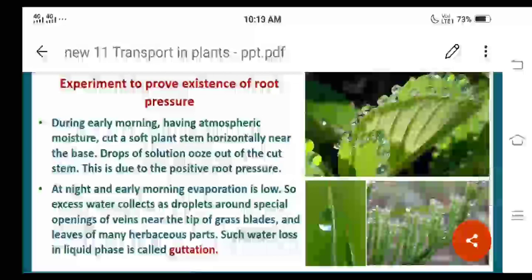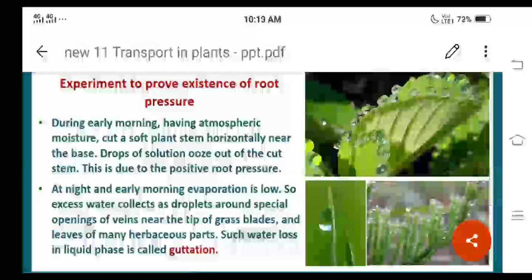Now, we have already studied transpiration, even in schools. Transpiration means what? The loss of water in the form of vapors is called transpiration. But here in guttation, what is the difference? The loss of water in the form of liquid droplets is called guttation.